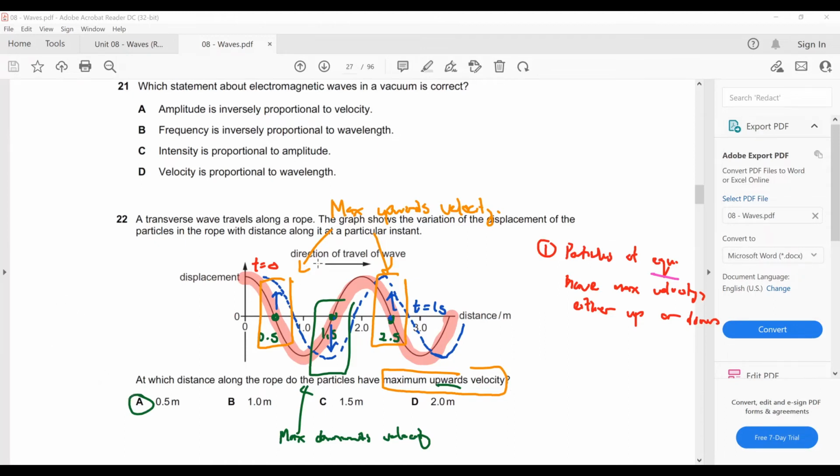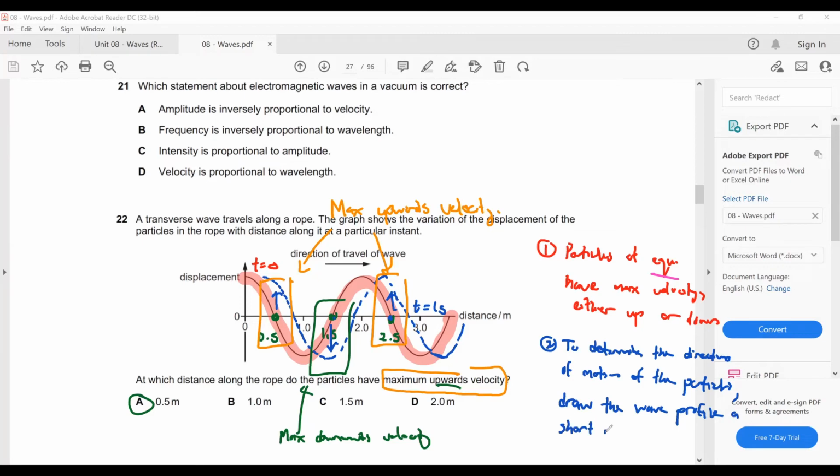Okay, so just now I wrote here particles at equilibrium position at maximum velocity, either up and down. Then after that, I think I probably should mention this. To determine the direction of motion of the particles, draw the wave profile a short instance of time later.